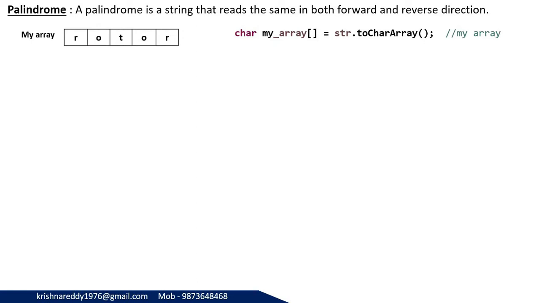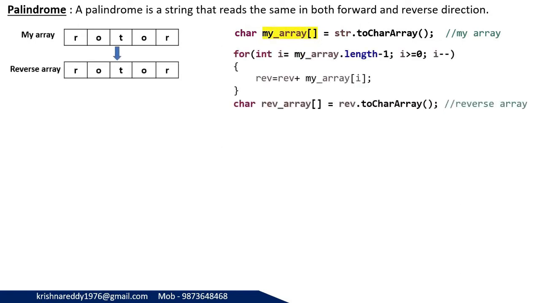Then we store the characters of the string into myArray. Second step is to reverse myArray by using a for loop. Then we store the elements of myArray into a reverse array. Now we have two arrays, myArray and reverse array.